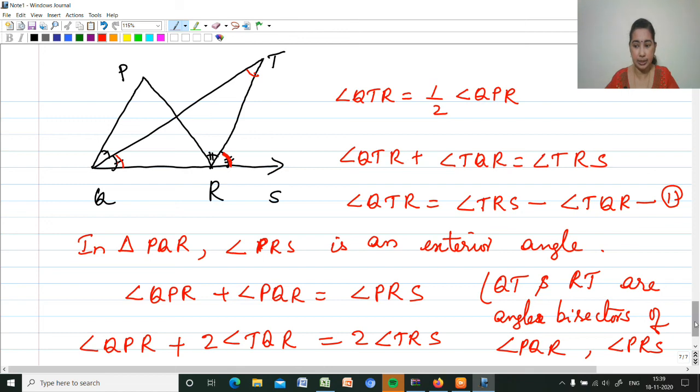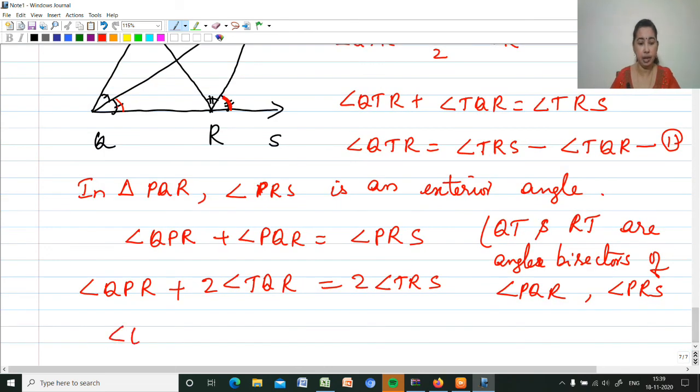That is the same as angle QPR is equal to twice of angle TRS minus angle TQR.